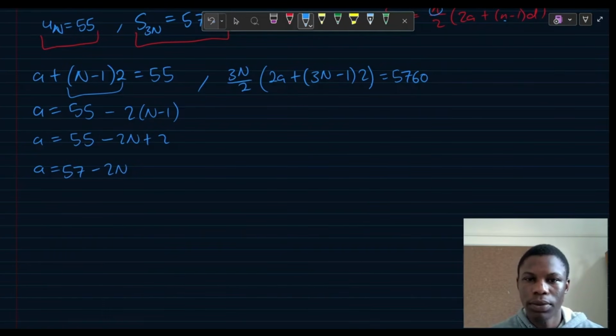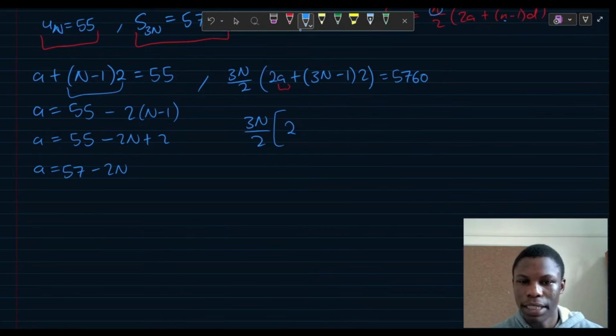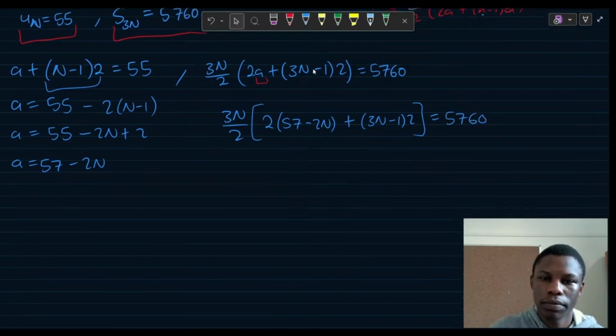All right, and so we can substitute that in here. So we've got 3n over 2 multiplied by 2 times (57 minus 2n) plus the (3n minus 1) multiplied by 2, and this is all equal to 5760.